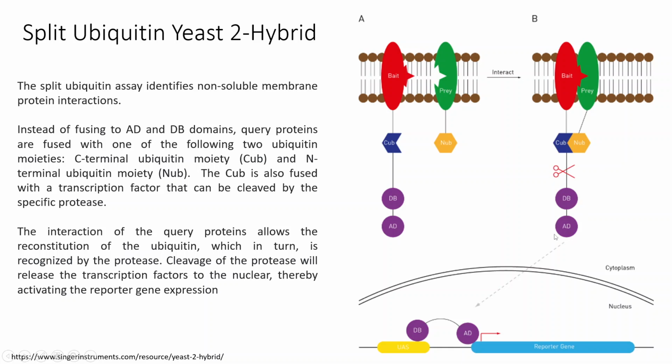Then DB and AD, the complete transcription factor, will translocate into the nucleus, bind to the regulatory element and allow the transcription of this reporter gene. By that way, you will be able to tell whether two transmembrane or non-soluble membrane proteins are interacting with one another. Okay, so I hope that is clear.